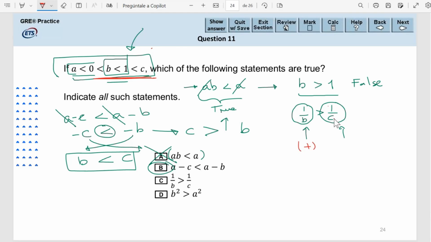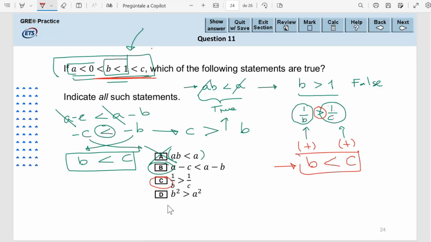Positive divided by positive, positive. So since the two expressions are positive, I can reverse using the property of the reciprocals. This is the same as B, and this is the same as C, and here I reverse this. So B less than C. Is this coherent with the initial conditions of the problem? Yes, it is. B is less than C. So I mark this as correct.